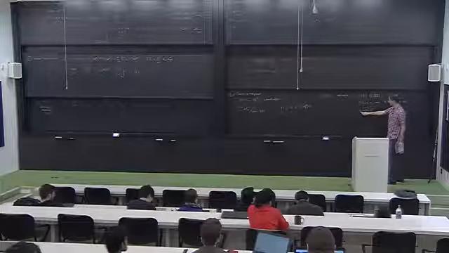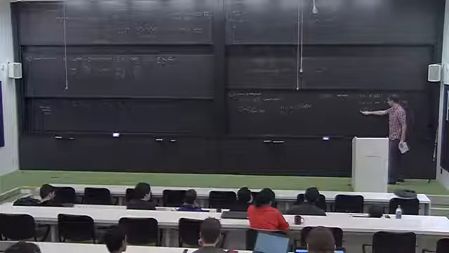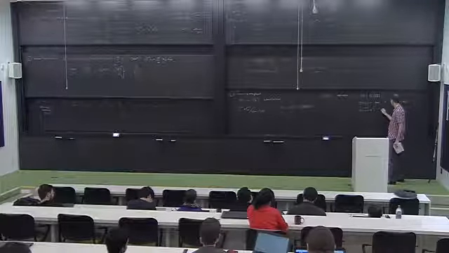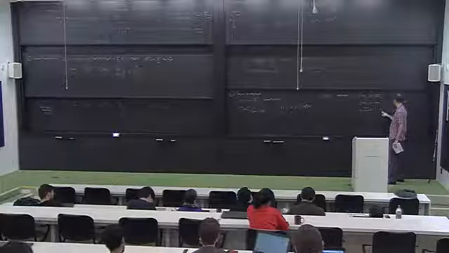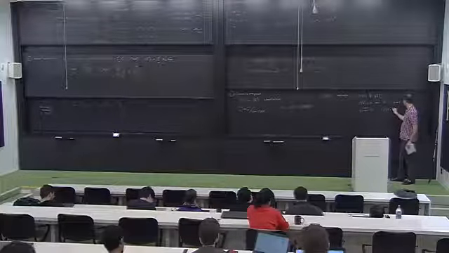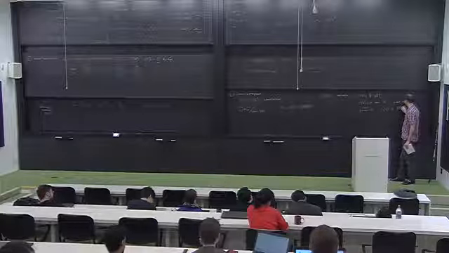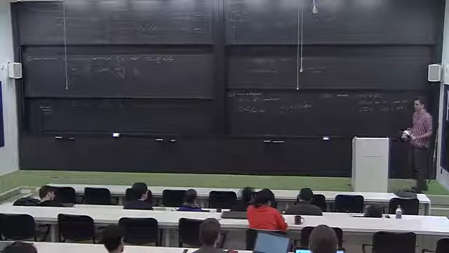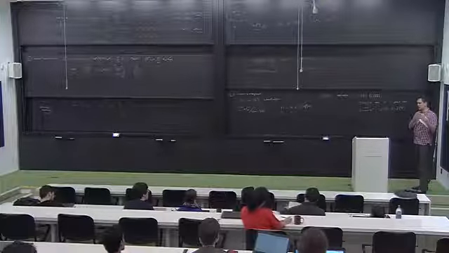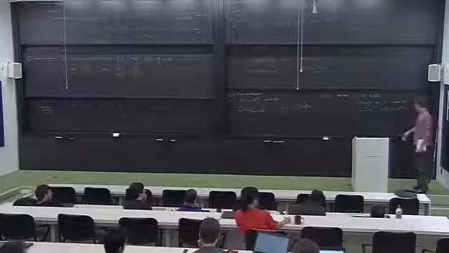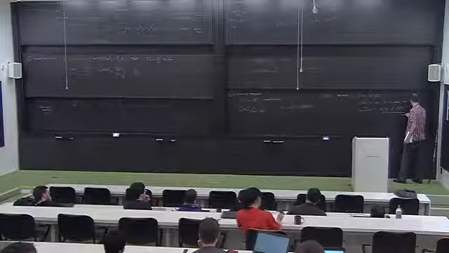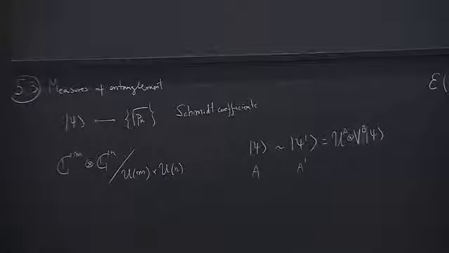So if a state psi can be transformed into state psi prime under local operations and classical communication, then it's natural to demand that this quantity does not increase in the process. If we're trying to characterize how much entanglement we have, and we have a process that we agree cannot create entanglement, then we demand this condition, which is called monotonicity under LOCC.